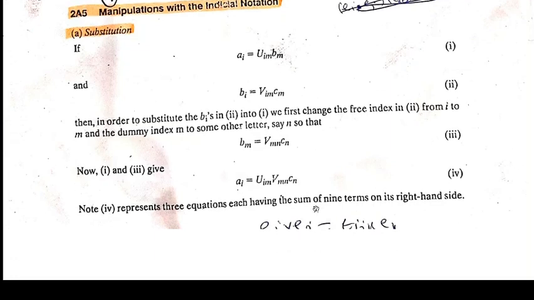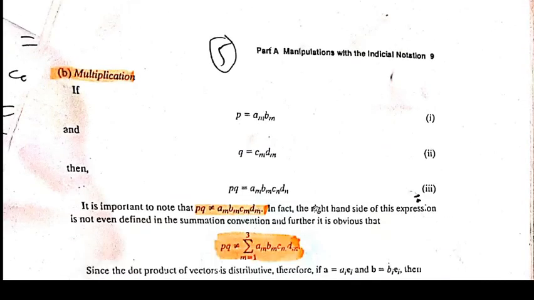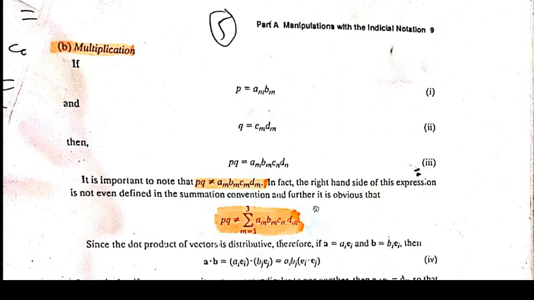So these are some restrictions which we have to follow while using one equation in another with indicial notation. Now multiplication. If you have p as in 1 and q as in 2, then you can multiply these two simply. P is am bm and q is cm dm.